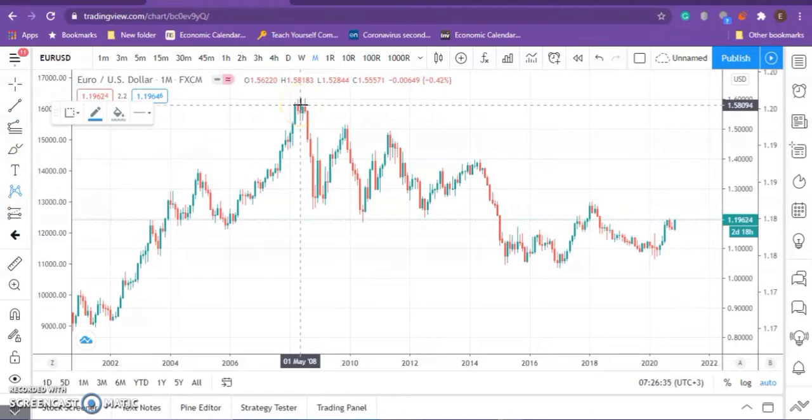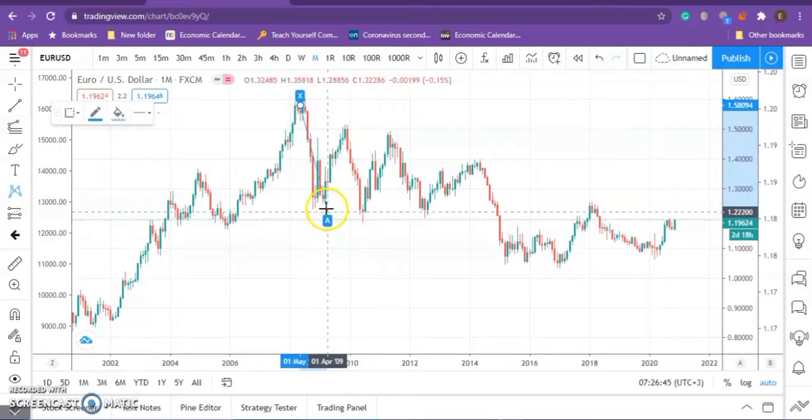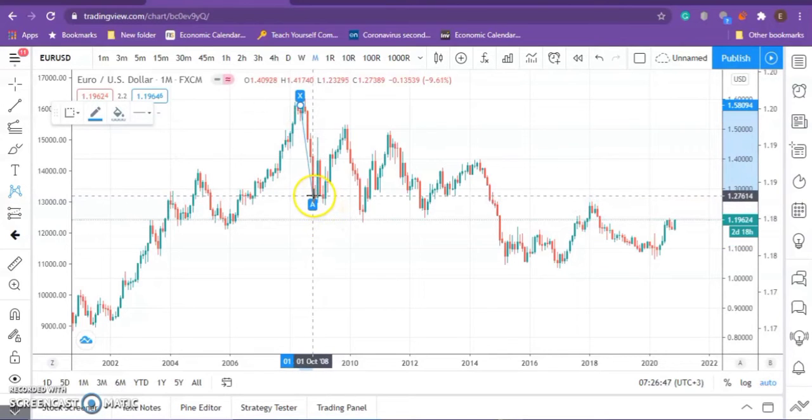XABCD. So X is usually the highest point in a descending market structure like this one. X, we'll put our X here, then our A will be the lowest point here.